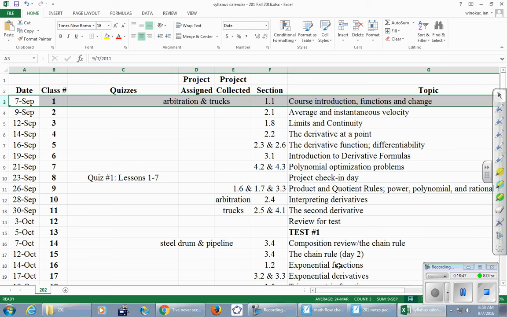Okay, so we'll talk about the projects throughout the course. In fact, you'll see here, September 23rd is what we're calling project check-in day. I have no official agenda on that day. That's going to be a day for you guys to come in and work on the projects with each other. You are encouraged to work with each other on those projects, and I'll be there to answer questions as well.